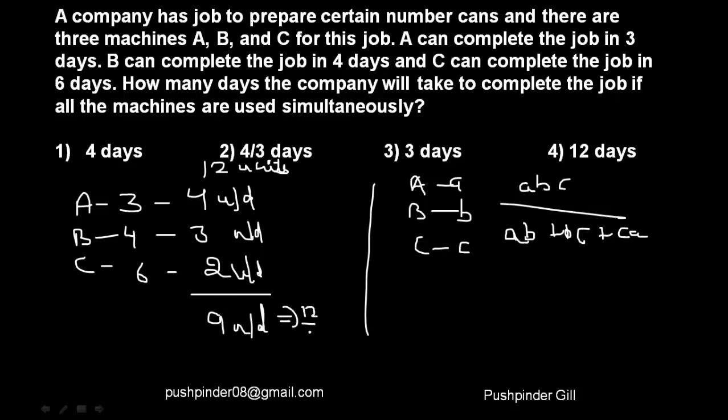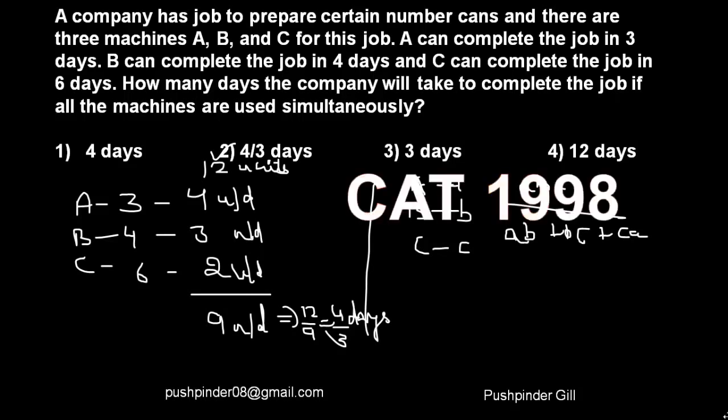That means they will be finishing 12 by 9, which is nothing but 4 by 3 days to finish the job. Isn't it a simple question, guys? So 4 by 3 is the answer. It's a simple question, and it came in the most prestigious examination in the nation. So I suppose that shows that this technique helps you a lot to understand the question better.